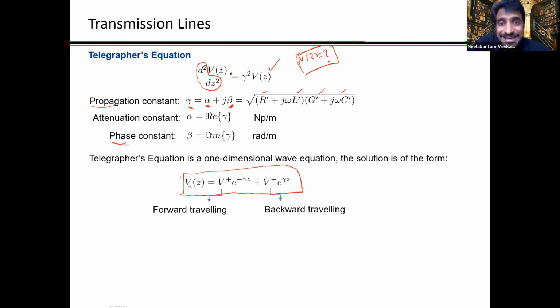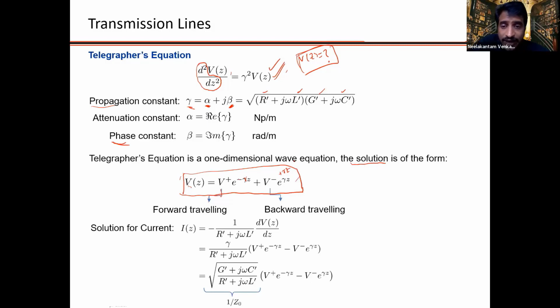You will see that it satisfies this equation. So this is indeed a solution of the Telegrapher's equation. Now, interestingly, it has two components. One is a forward traveling wave, which has a minus gamma Z, and the other one is a backward traveling wave, which has the plus gamma Z.